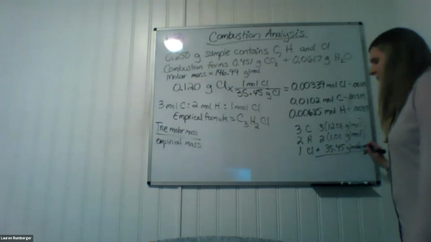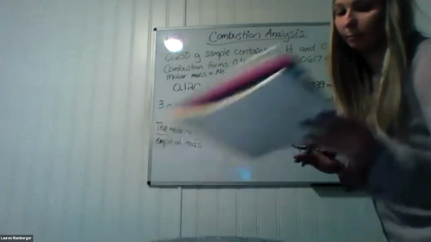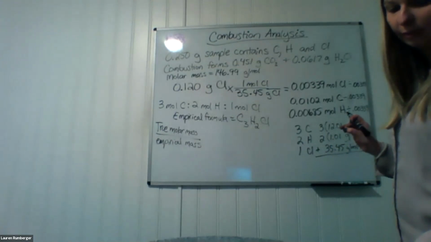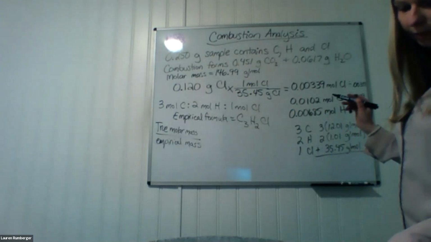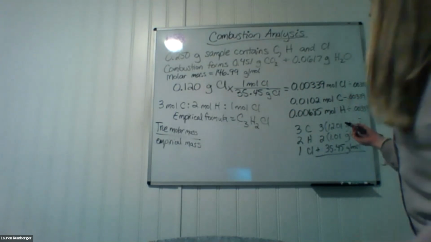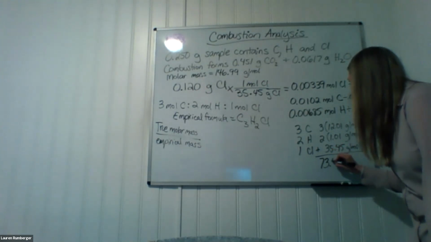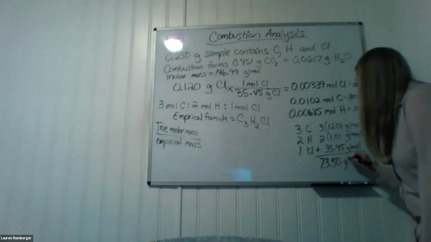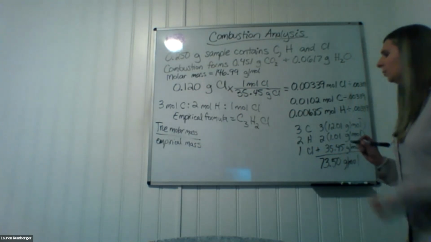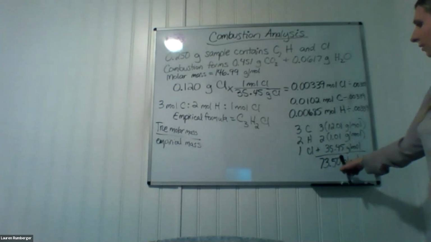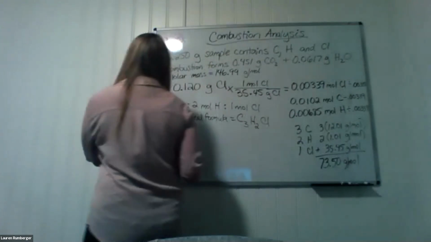Add these together, and we get the molar mass of the empirical formula to be 73.50 grams per mole. Okay, so that's our empirical formula mass.